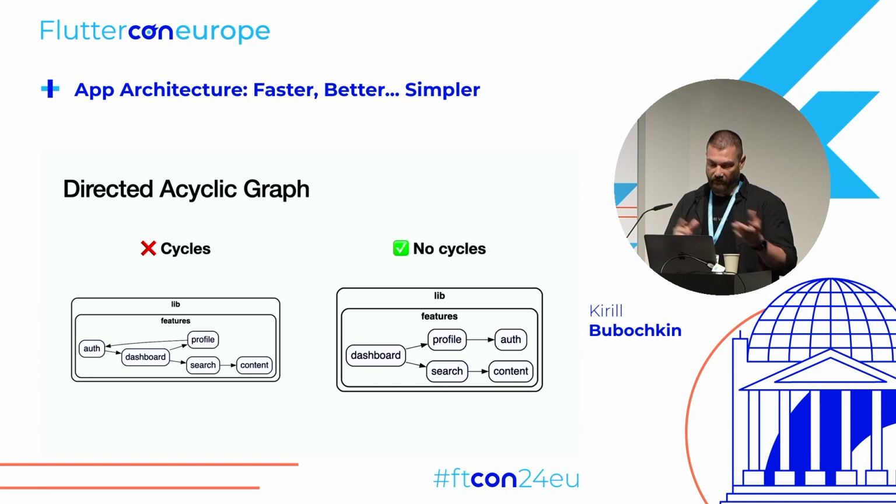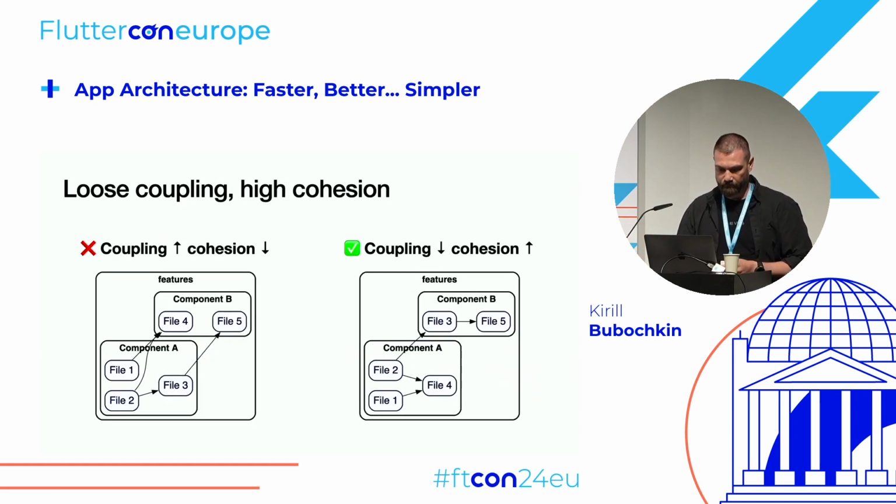If you have the profile module depending on the auth module, and the auth module depends on the dashboard module, which in its own turn depends again on the profile module, it means that you have one big module. You cannot use these modules separately. You cannot test them separately. So it's just one big module: auth, dashboard, profile. And changes in one module will most likely lead to changes in two other modules.